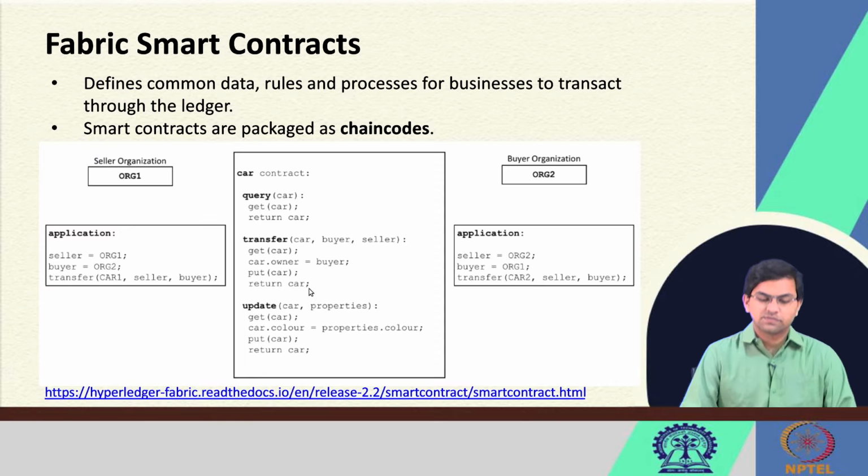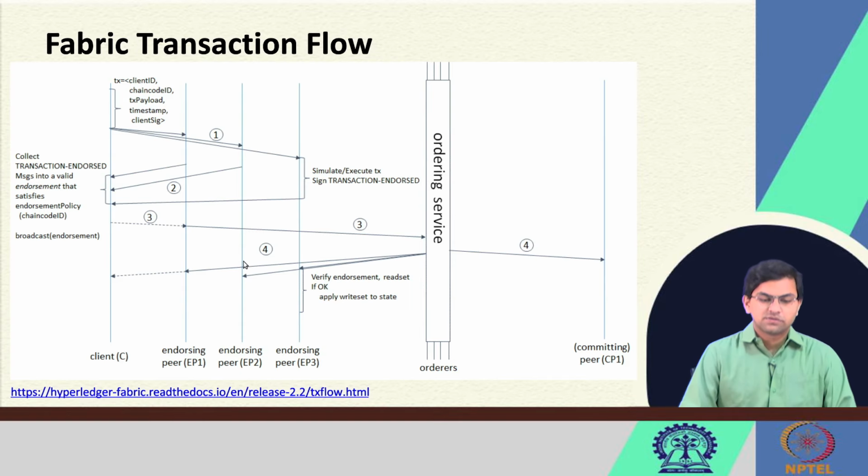Similarly, update will update the other values or other properties of this particular car and then save it back to the ledger. In this way any business logic can be programmed into a smart contract and deployed into the Hyperledger Fabric network. So, when we do a transaction in the Fabric network, how does that transaction look?